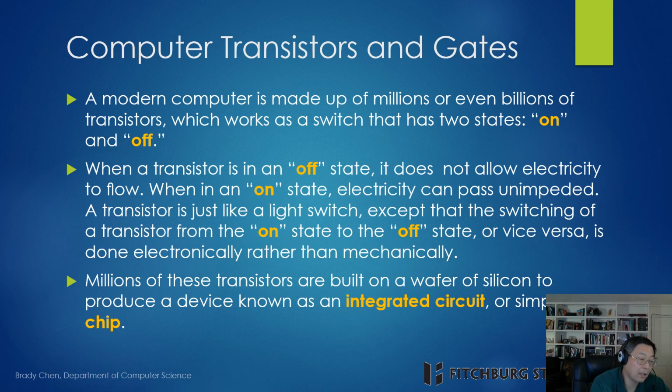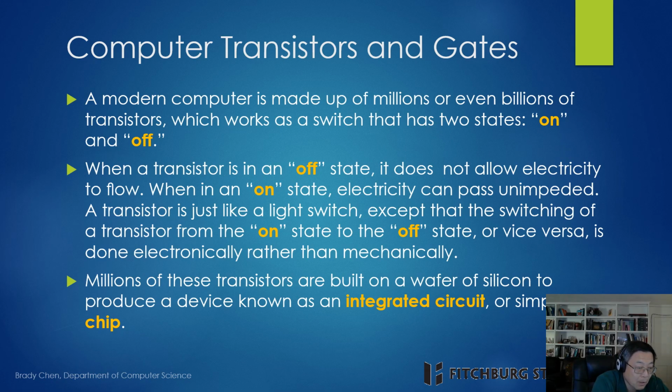When the transistor is in an on state, electricity can pass through. So you can interpret a transistor as a light switch, except that the switching of the transistor from on to off, or vice versa, is done electronically, not by your hand. Actually, a transistor is so small, how can you switch it on and off by hand?